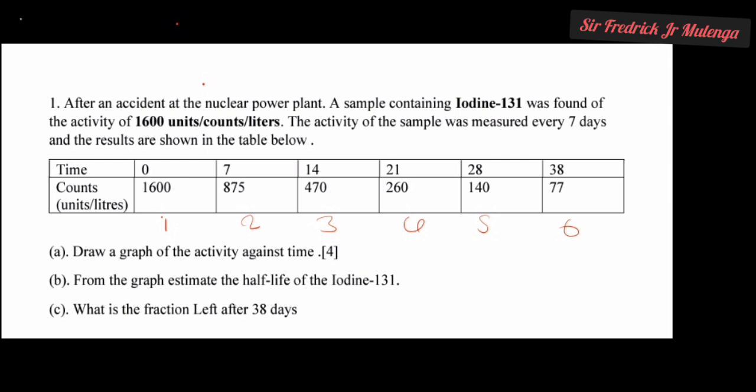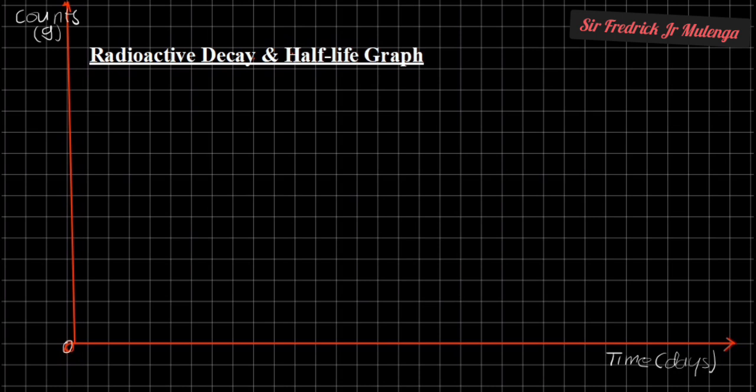Okay, so I should have at least 6. So I will put 77 there, in that box. Then the next number that followed was 140, so my 140 will be there. Then the next one was 260, so my 260 will be there.